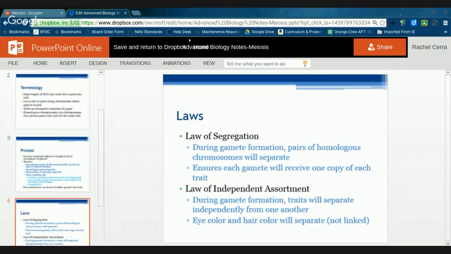So this just clarifies that every single pair is going to separate, so you get a copy of a trait for everything.